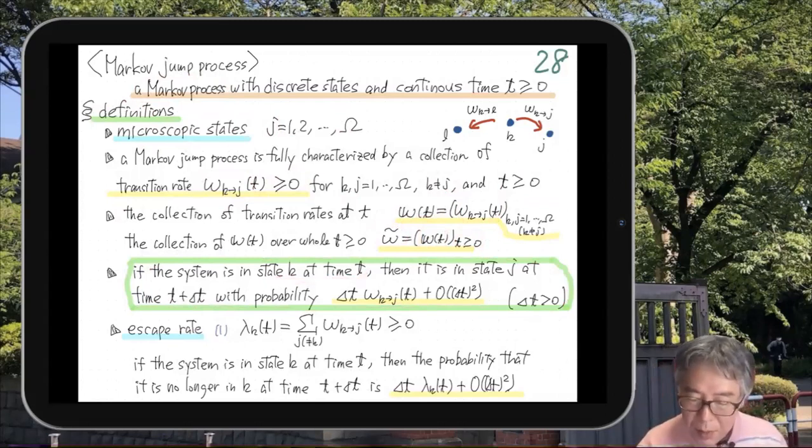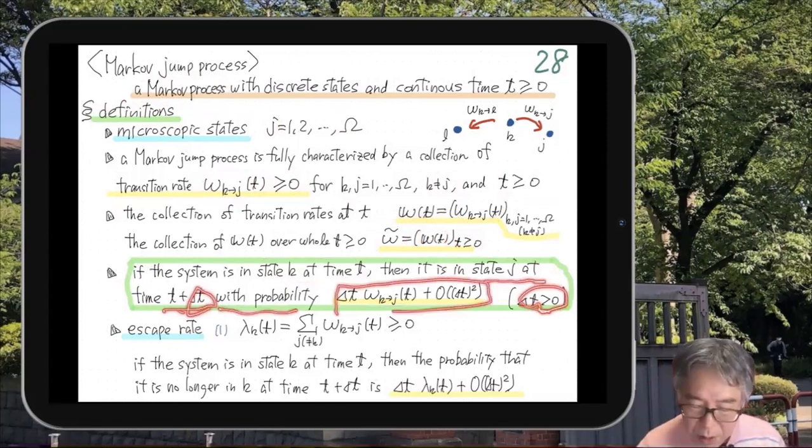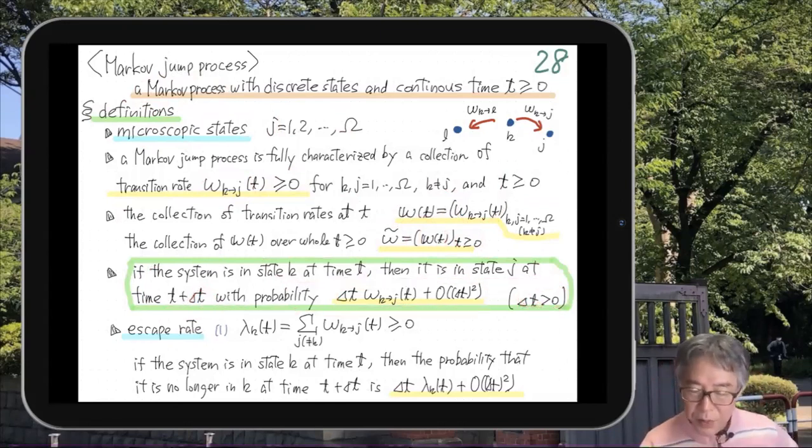Then the system is in a different state j at time t plus delta t, delta t positive, with this probability. First of all, for sufficiently small delta t, this is basically proportional to delta t. So this means that the system jumps from k to j with this rate. So this probability increases proportionally to delta t.